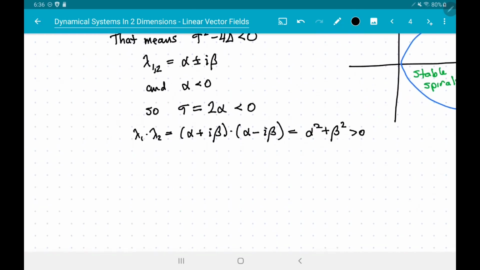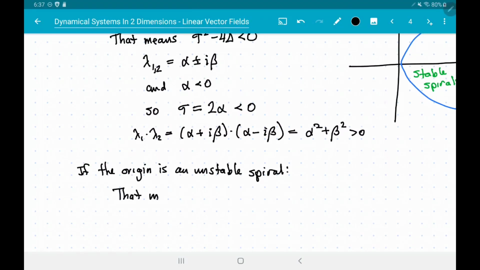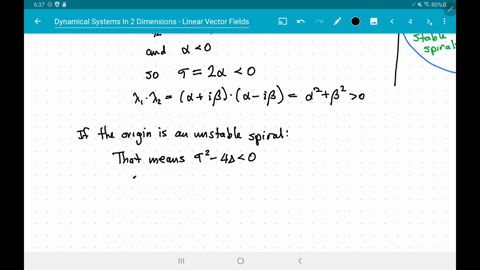And if the origin is an unstable spiral, well, that means tau squared minus 4 delta is negative, so we get complex numbers out of the quadratic formula. Again, lambda 1 and 2 are equal to alpha plus or minus i beta for real numbers alpha and beta.